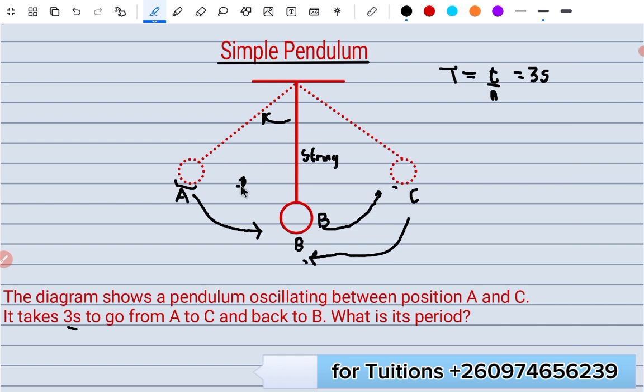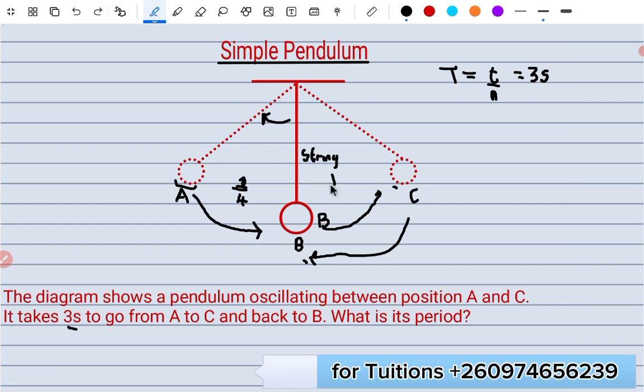so from A to B, this is a quarter. So we say this is 1 over 4. From B to C is another quarter. Now 2 quarters together will give you half.